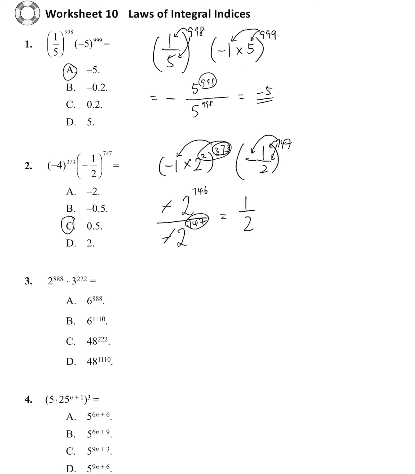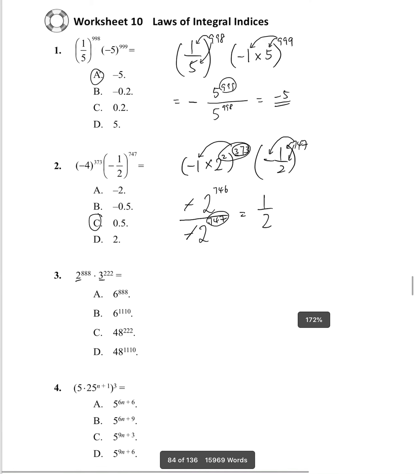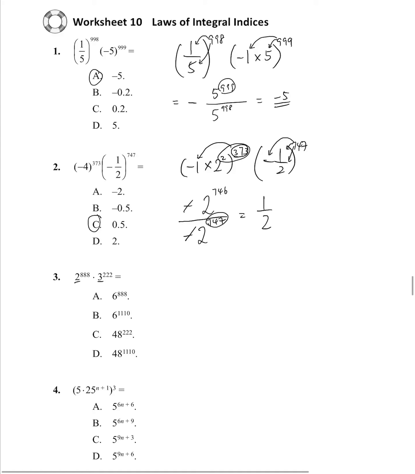However, if you look at number 3, this is trying to make the powers the same, because there's no relation with the 2 and the 3 that we can make up. So what we need to do here is actually make the 2 to the power of 888 split up. Now split up means splitting up the power itself.